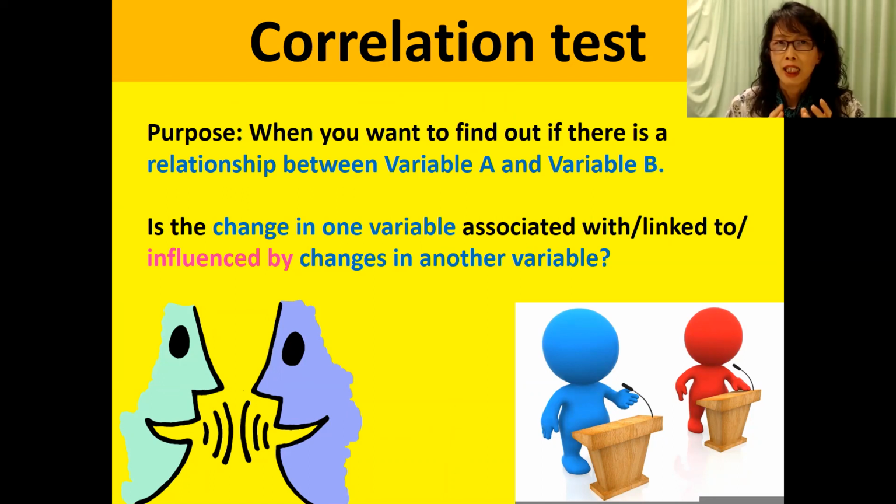It's only covariation, whether the 2 sets of scores vary together.